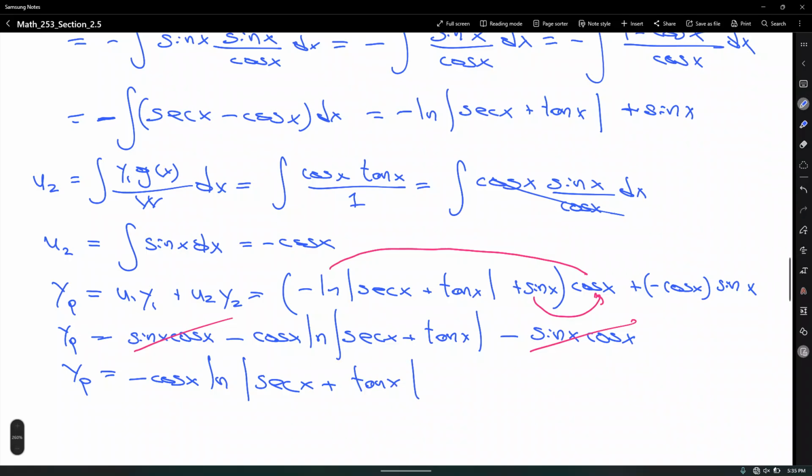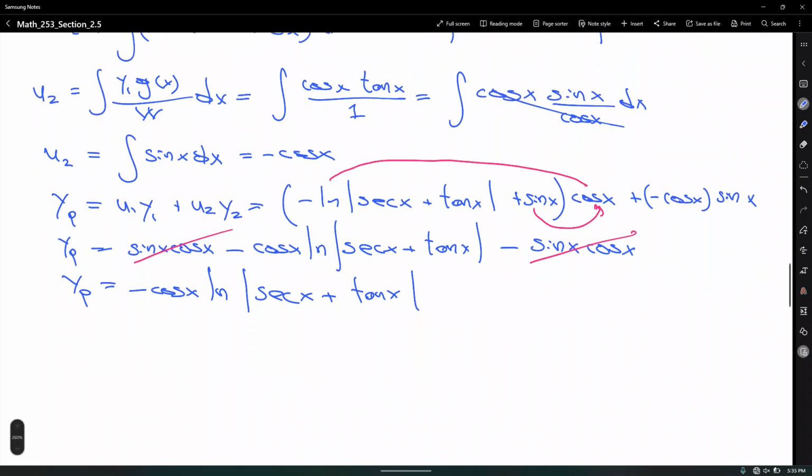Now we may go ahead and write the general solution to the differential equation. So again, y equals y sub c, the complementary solution, the solution of the homogeneous equation, plus y sub p, the particular solution, which is what we just got.